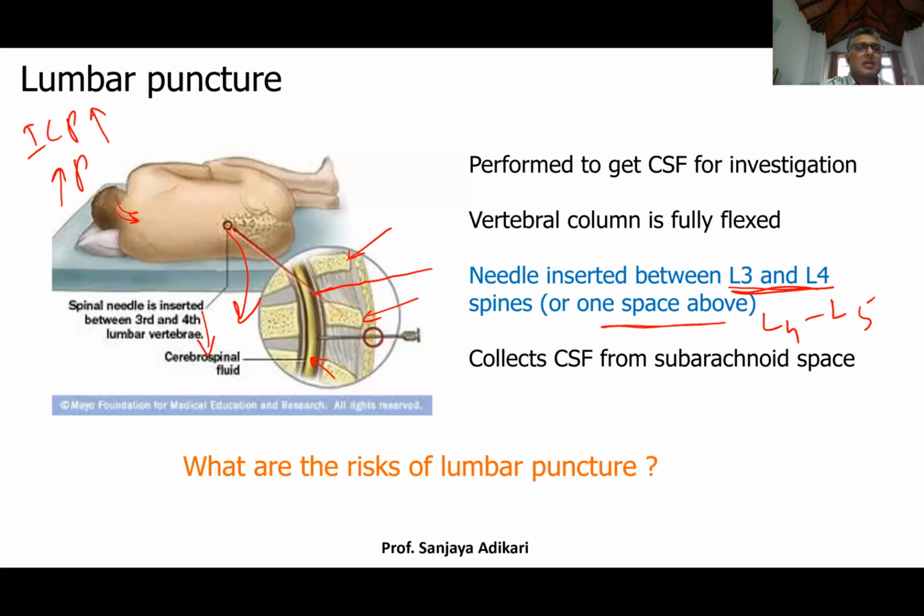Okay, and the person can die, or have serious complications. So you call it contraindications. So raised intracranial pressure is a serious contraindication for lumbar puncture. Know that also.